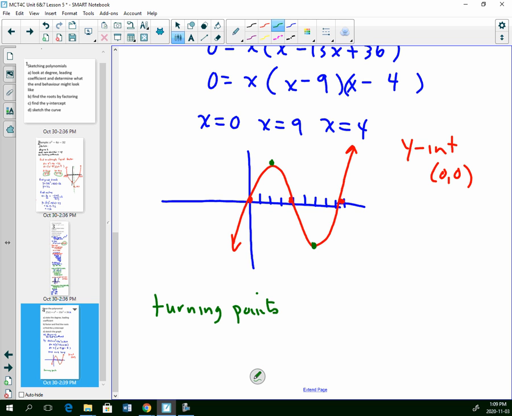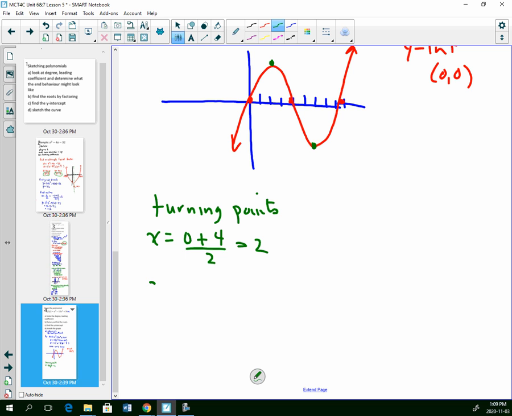Halfway between 4 and 9, so divide by 2, would be 6.5.